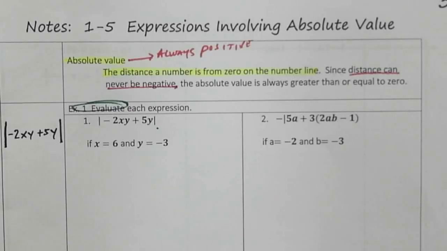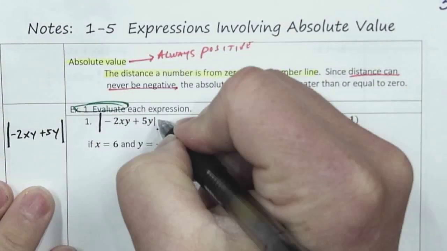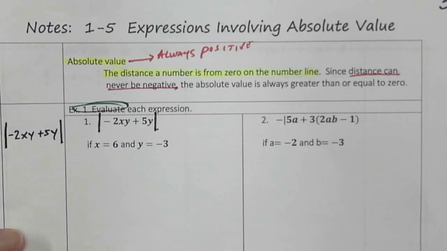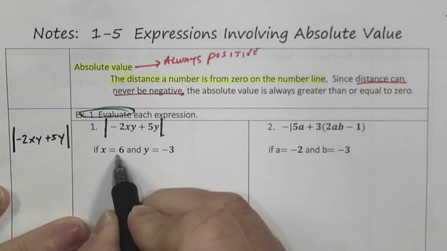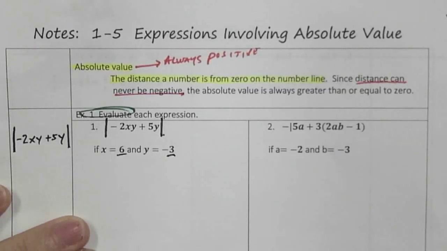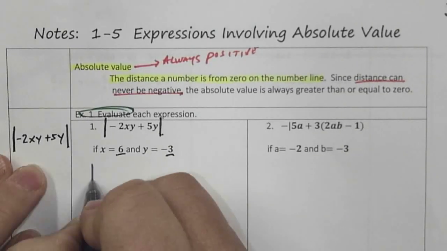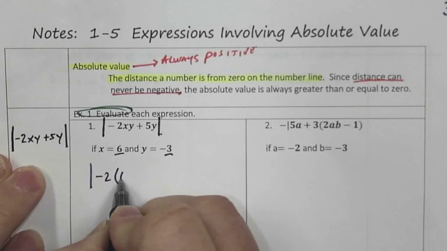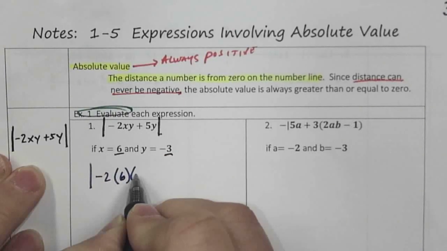And I think in the second problem we're missing an absolute value. So right here, these symbols say absolute value. Okay? So plug in 6, plug in -3, and calculate. I'm going to go absolute value -2. When you plug in stuff here, I like using parentheses because it's multiplication.